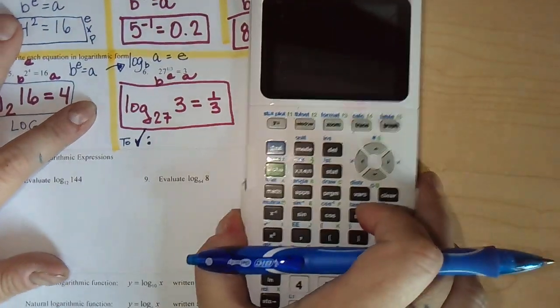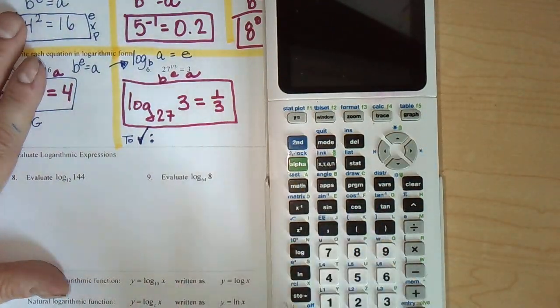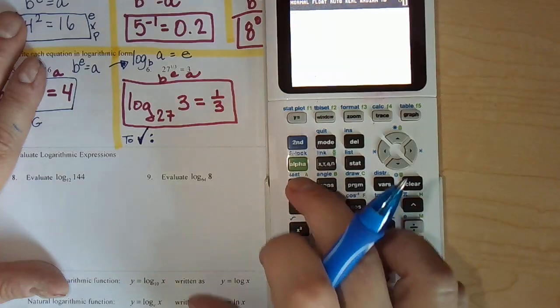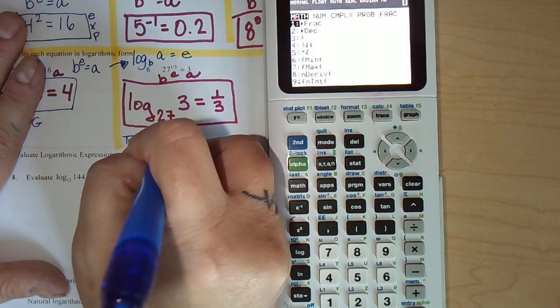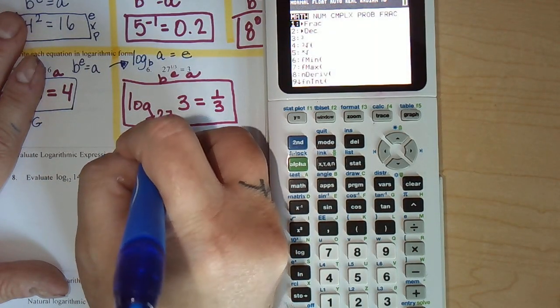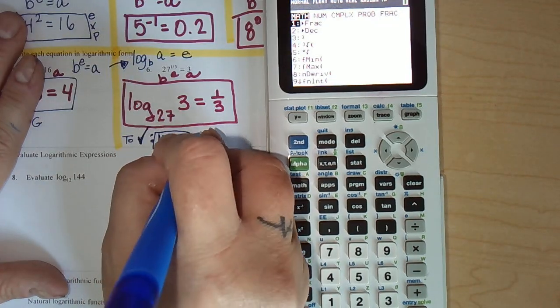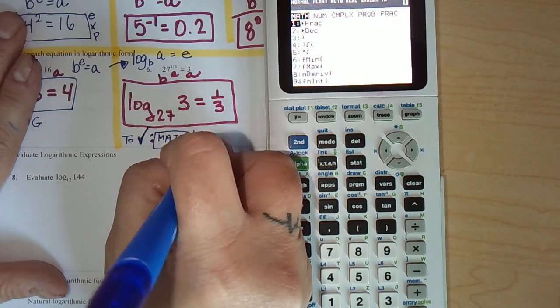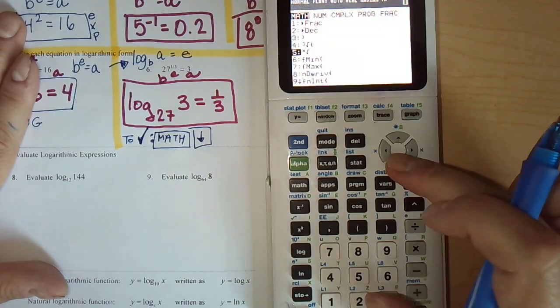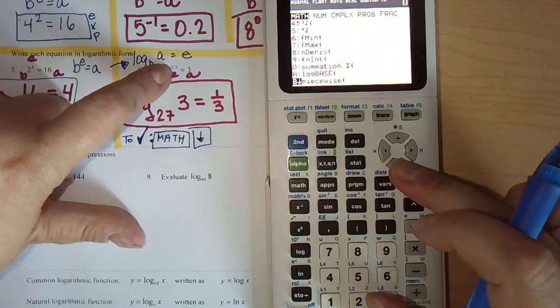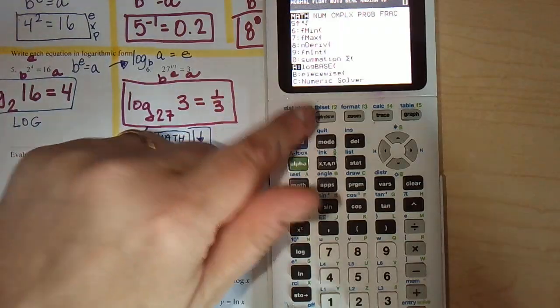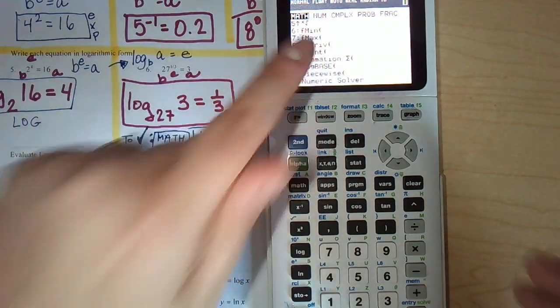Okay, we're going to press math. Well, first, let me turn it on. Okay, math. Then you're going to press down a ton until you get something that looks like log base. It looks like a capital A, you see it, log base.